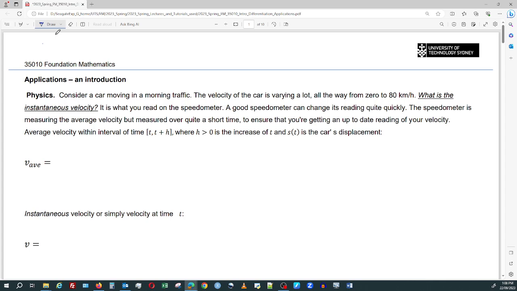So when we think about an application, it's the application of a scientific principle.